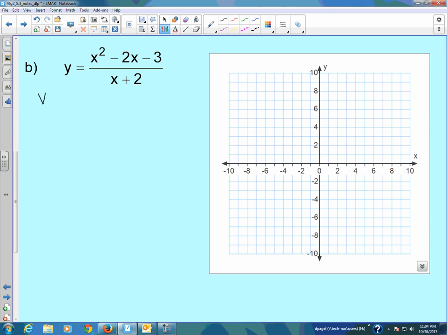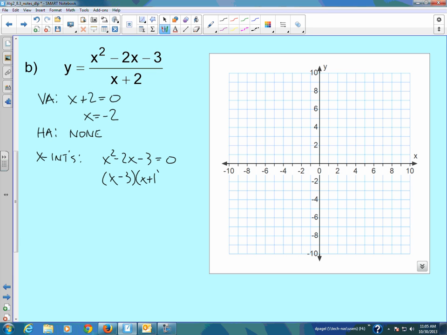Vertical asymptote, x plus 2 equals 0, x equals negative 2. Horizontal asymptote doesn't exist. For the x-intercepts, x minus 3, x plus 1, so I get x equals 3 or negative 1 as my x-intercepts.